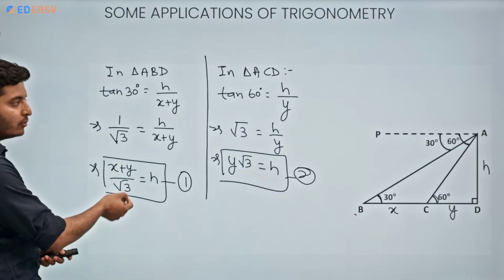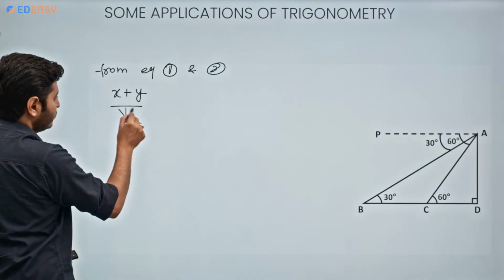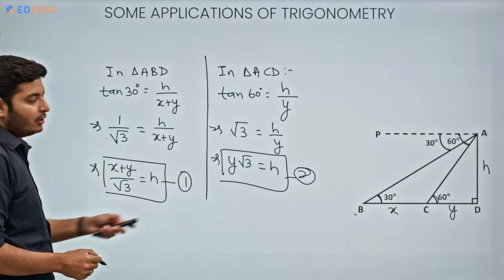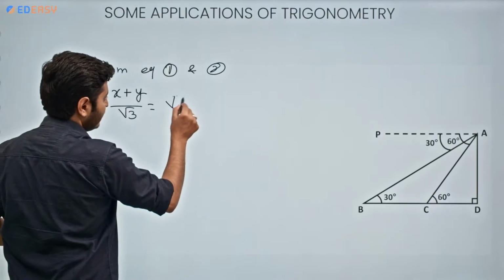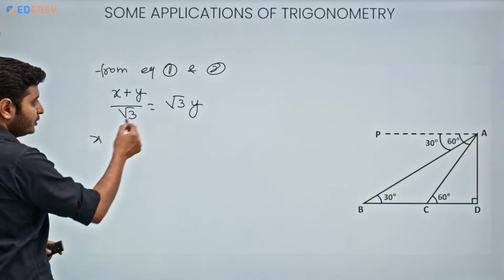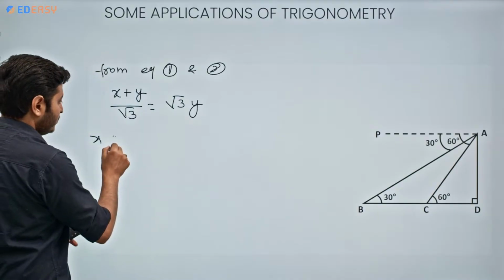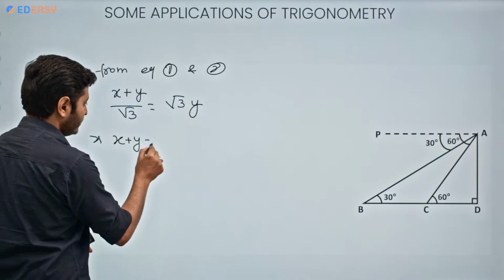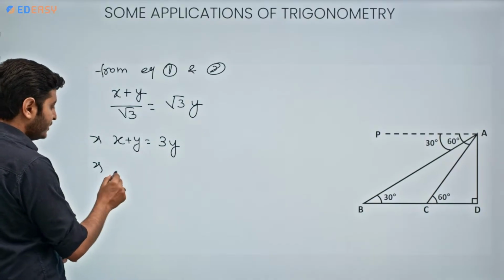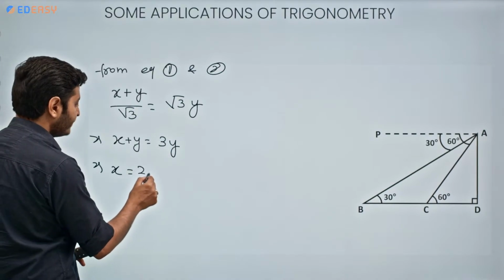(X plus Y) by root 3 is equal to Y into root 3, or root 3 Y. Now transpose this root 3 to the right side. So root 3 into root 3 will become 3. So X plus Y is equal to 3Y. Transpose this Y to the right side. So X will become 3Y minus Y, 2Y.